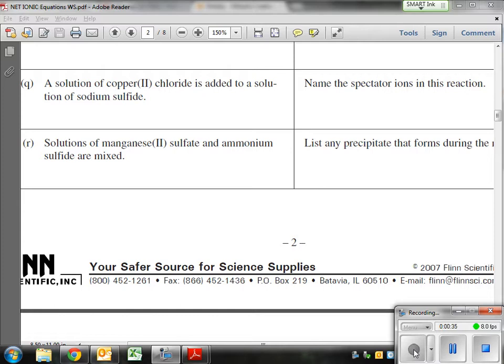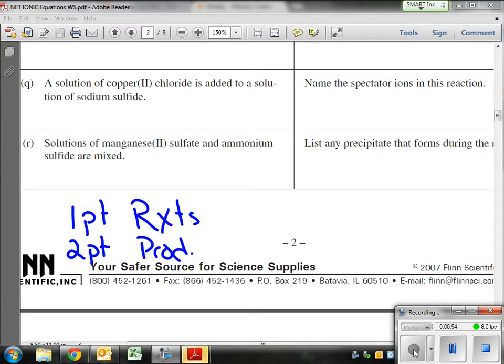On the net ionic equation portion of the AP exam, there is always a reaction. And the way that the points break down is you get 1 point for reactants, you get 2 points for the correct products, and you get 1 point if your equation is balanced.